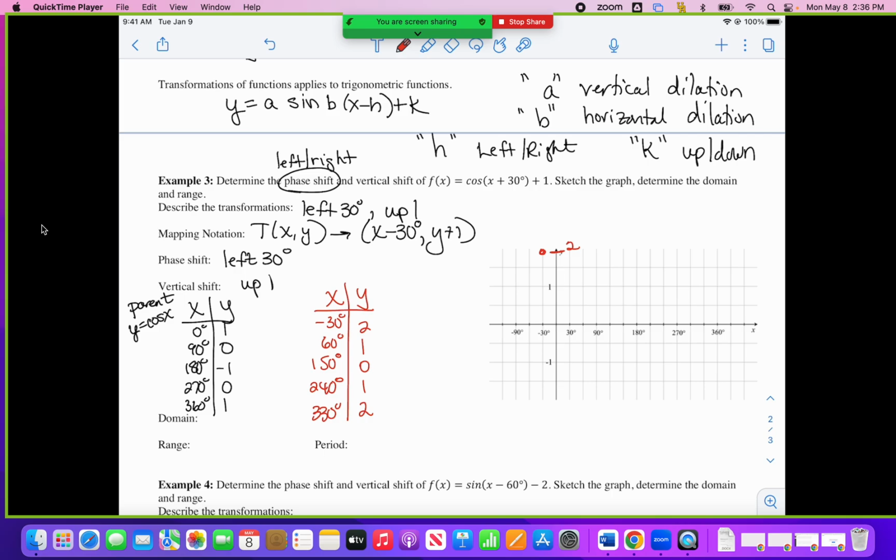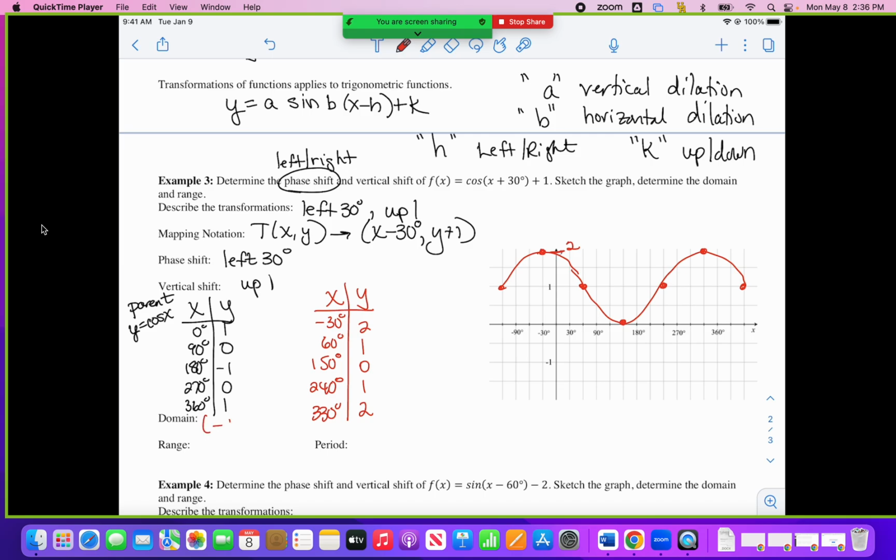All right, 60 degrees is at 1. 150 is 0. 240 is 1. 330 is back up at 2. If you want to keep going, you can get a little more.